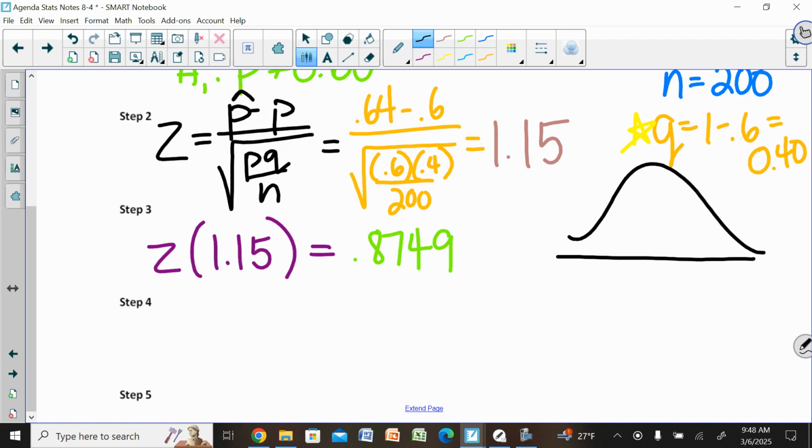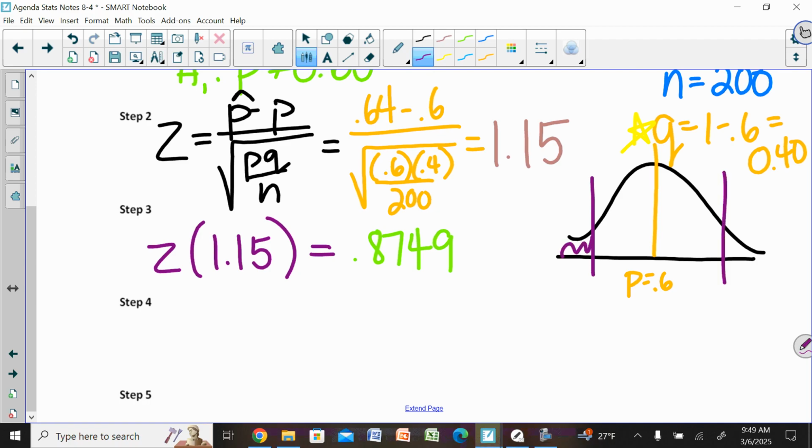So if I'm thinking about this, here's my P of 0.6 in the middle, and I think that my alphas are over here. Since it's two-tailed, I'm going to remember to divide my alpha by 2, so I'd have myself a 0.025, because my alpha was 0.05.